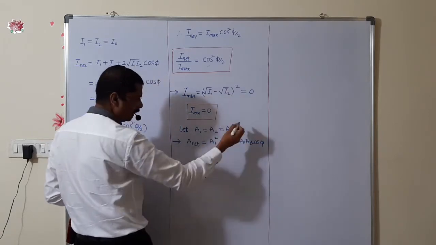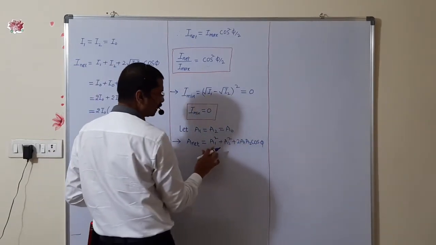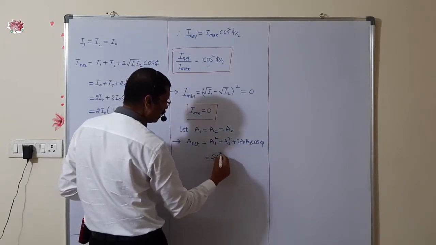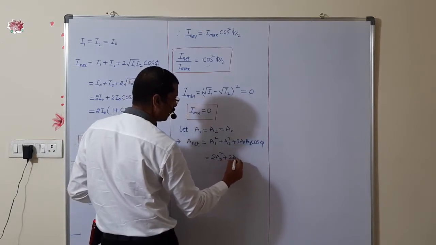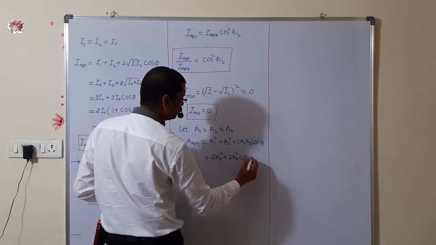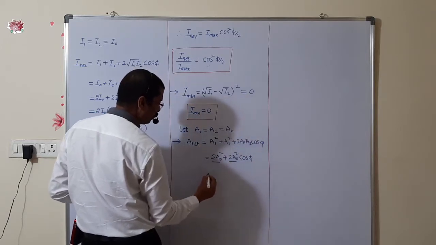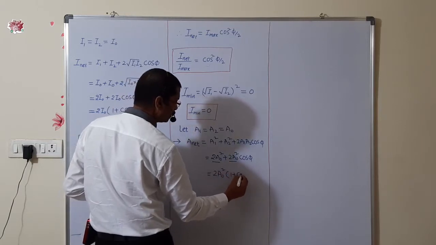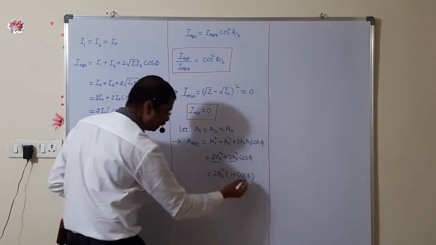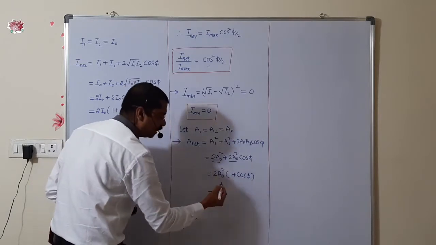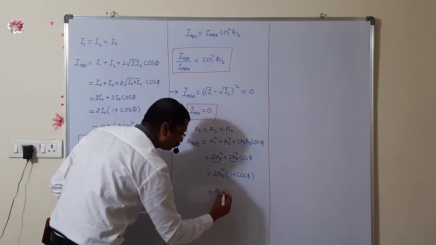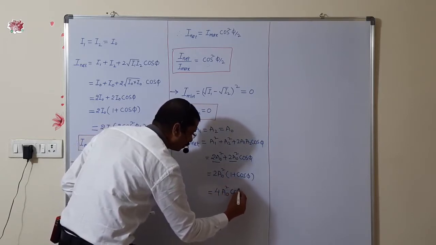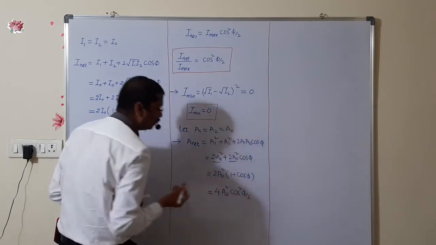If we substitute, A1 square here, again A1 square, we can write A naught square plus A naught square plus 2A naught square cos phi. Taking 2A naught square common, 1 plus cos phi, which we can write as 2 cos square, then 4 A naught square cos square phi by 2.